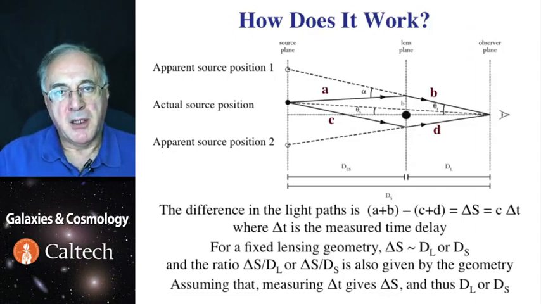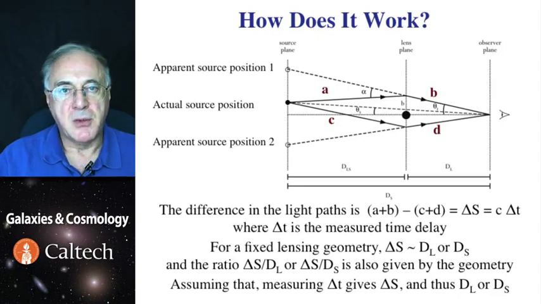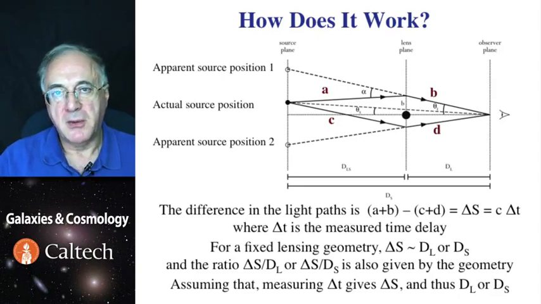Here is a schematic diagram showing what gravitational lensing might be. There is a background source, say a quasar. There is a foreground lens, which could be a galaxy or a cluster. It bends the light rays coming from the original source, and one usually sees multiple images on the sky.